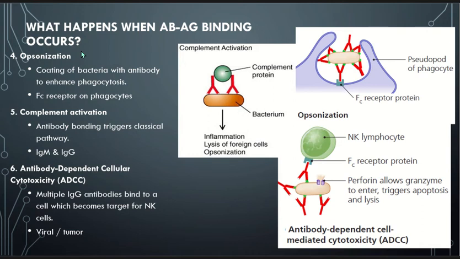Who can remember the specific complement protein that was the number one complement protein that we had to know, the primary opsonization complement protein? I'll give you a second to think about that. And that's going to be our C3b complement protein.